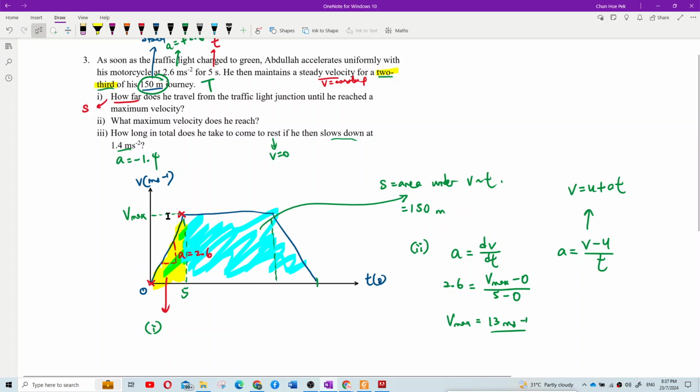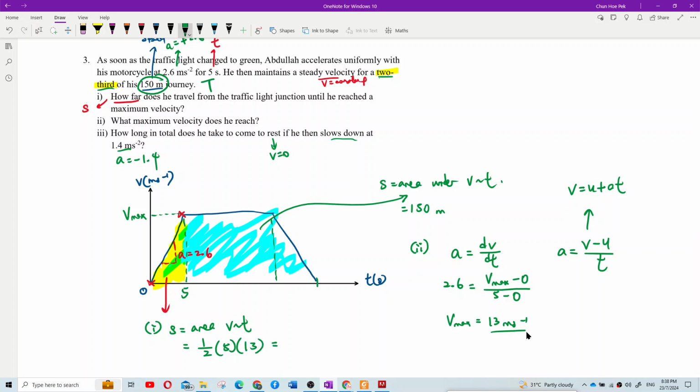Question 1. How far is the area under the VT graph, which is half the triangle. Half times 5 times, what's the Vmax just now? I got 13. So let's calculate: 5 times 13 divided by 2.